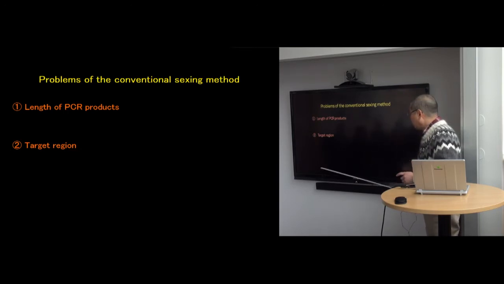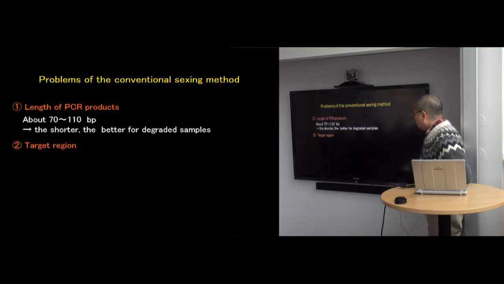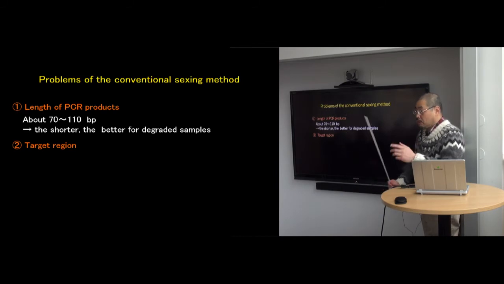This is PCR. The length of PCR products is generally long, and the target region is the second problem. In commercial STR kits that are widely used for modern forensic DNA testing, the length is about 70 to 110 base pairs. This is the length of PCR products.